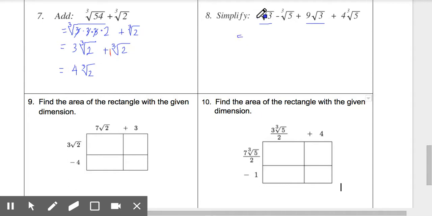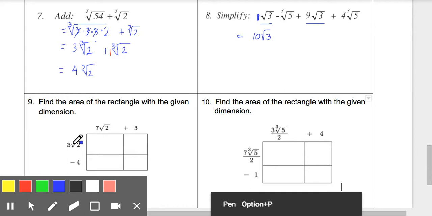Now again, there's a 1 hiding here in the front. So 1 square root of 3 plus 9 square root of 3 will give us 10 square root of 3. Now, negative cube root of 5 plus 4 cube root of 5, they have the same index 3 and the same radicand 5. Therefore, we can combine them together.